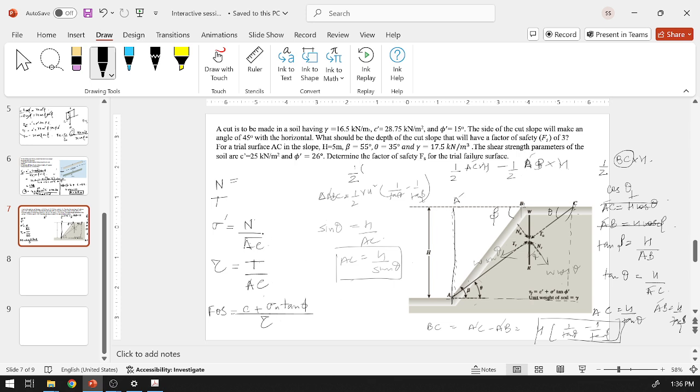So sigma dash will be W cos theta over h by sine theta, and we can replace W with half of gamma h square, 1 by tan theta minus 1 by tan beta, into cos theta sine theta over h.